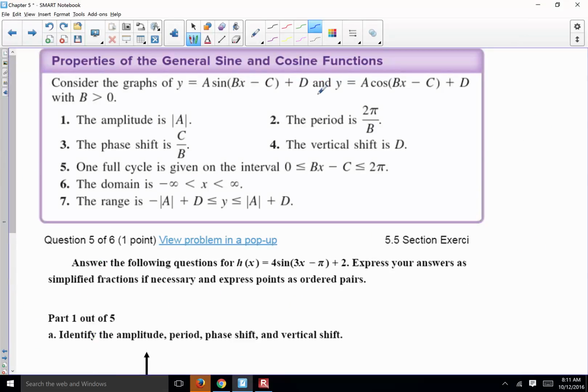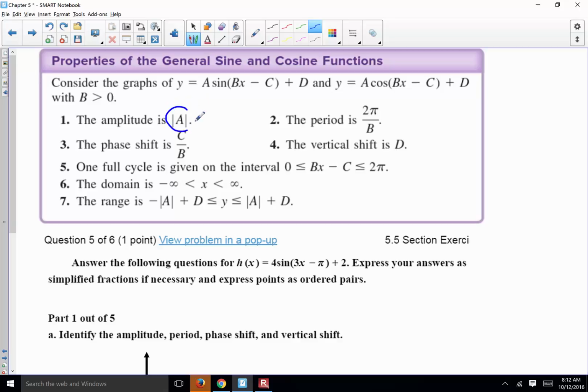Alright, so this chart pretty much summarizes what we said so far. Again, if you are given a transformed sine or cosine equation with a, b, c, d, four numbers, you can identify amplitude, phase shift, domain, range, period, and how much vertical shift it has by just looking at these numbers.